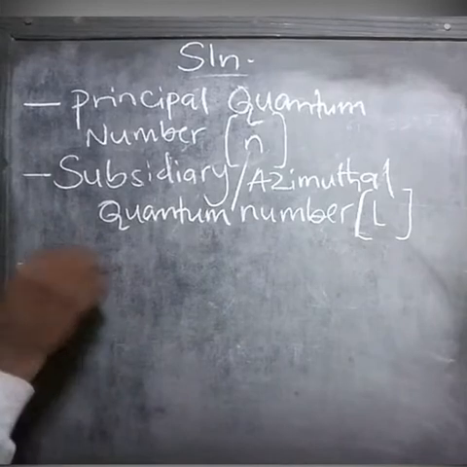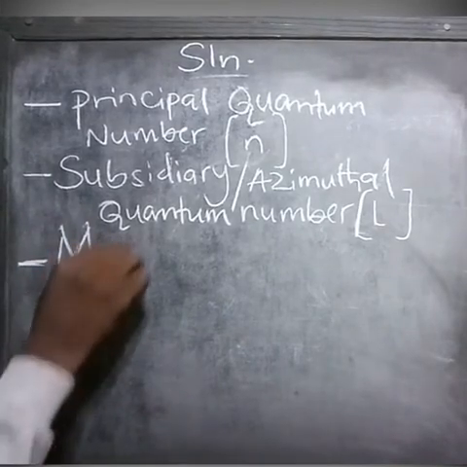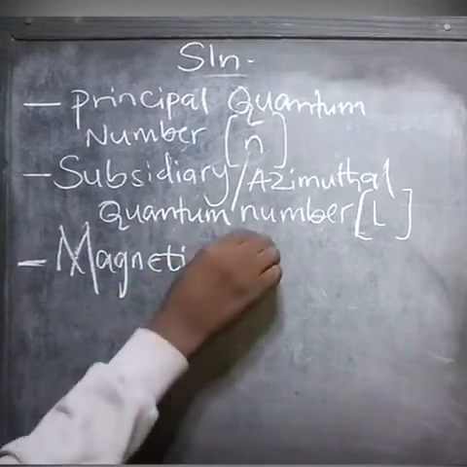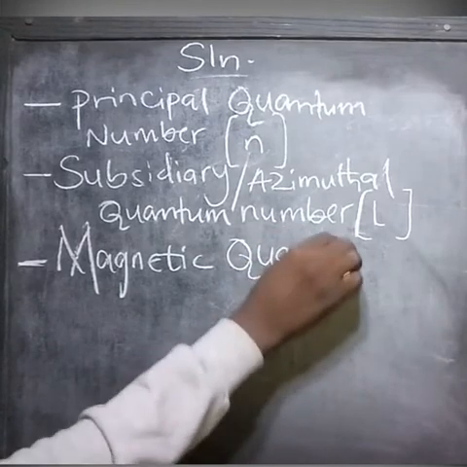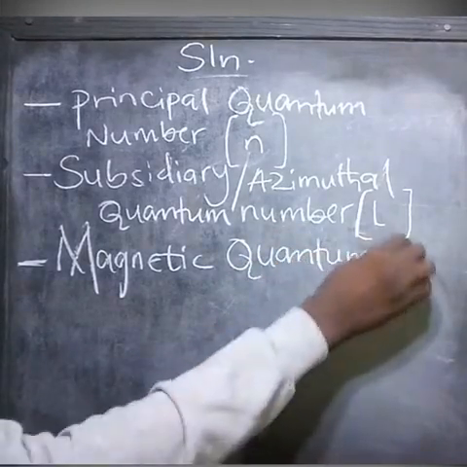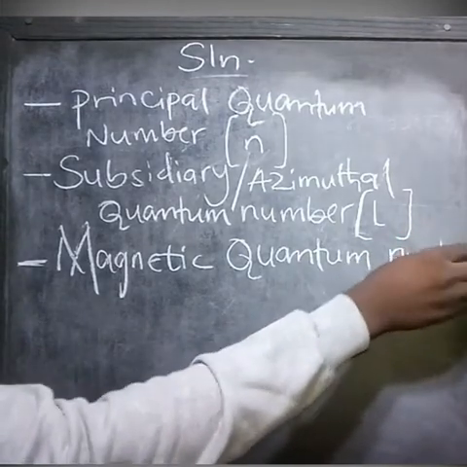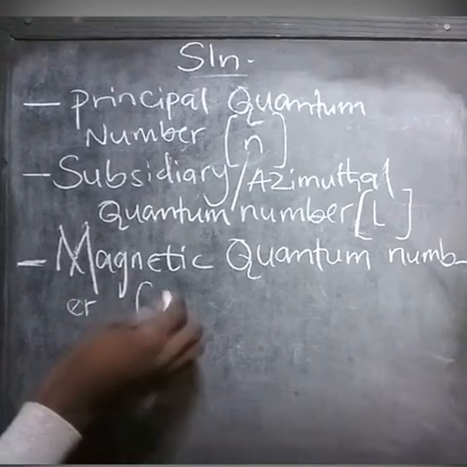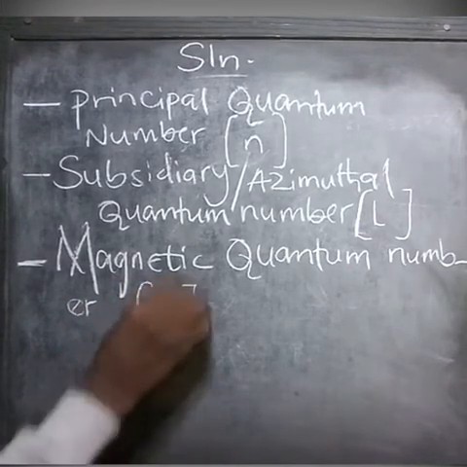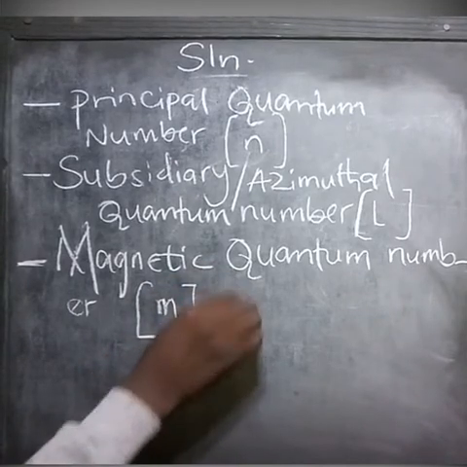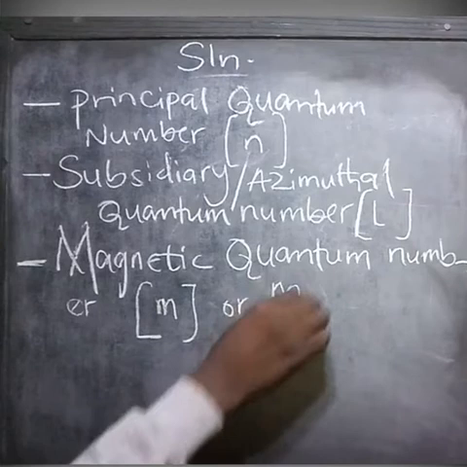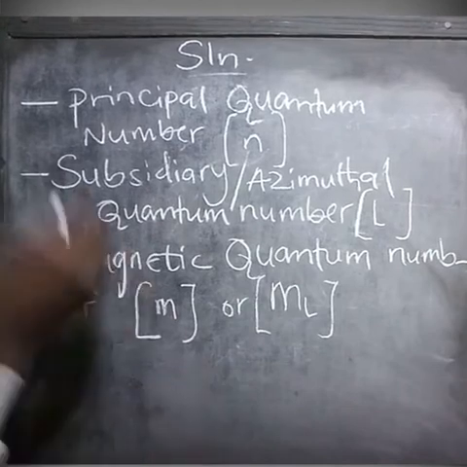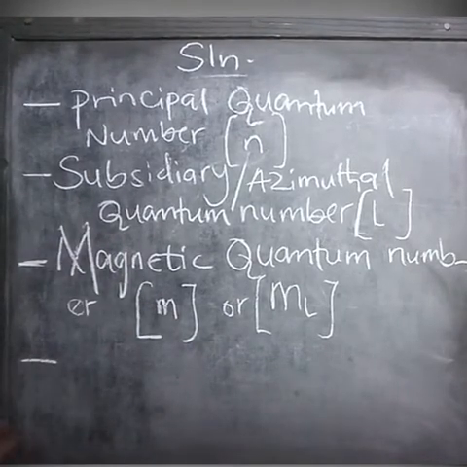The third one is the magnetic quantum number, which is denoted by small letter m or ml. You can only denote magnetic by those symbols.